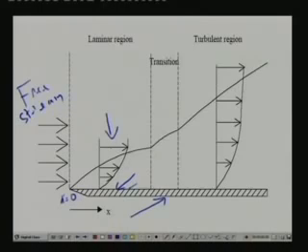So gradually a velocity gradient develops, and at a certain point the velocity will be the same as the free stream velocity. Again, let us say that this is the free stream velocity on the plate, u infinity. Okay.